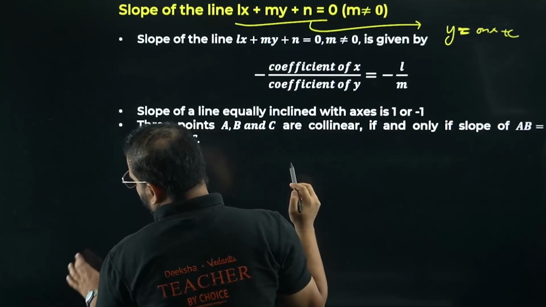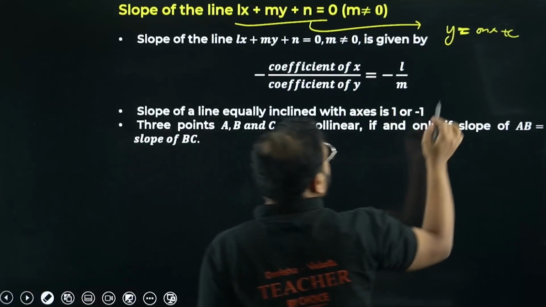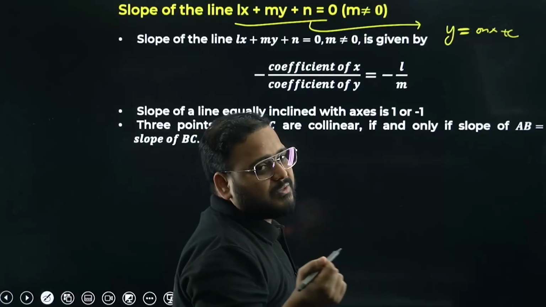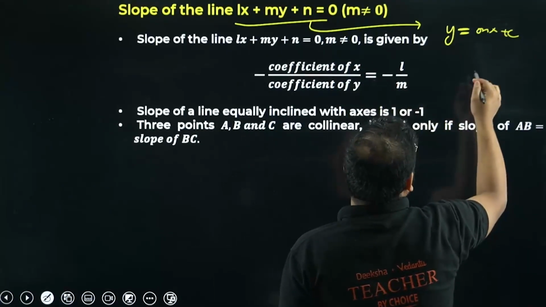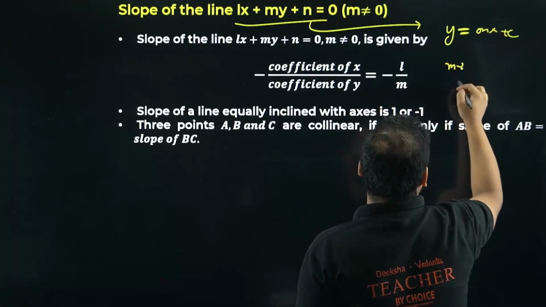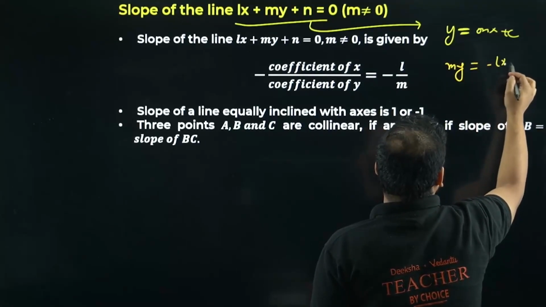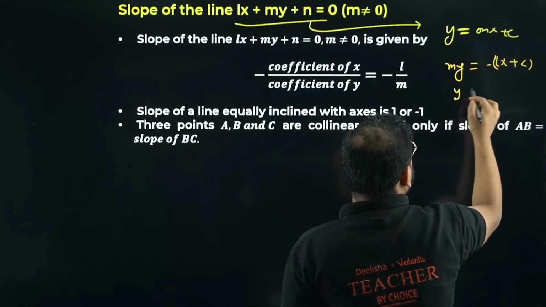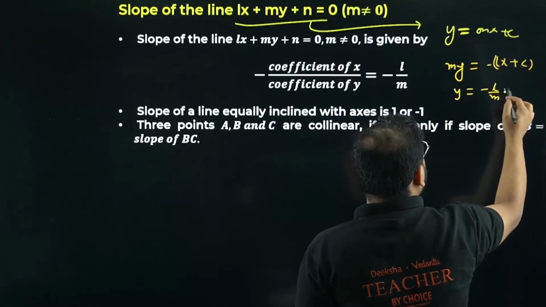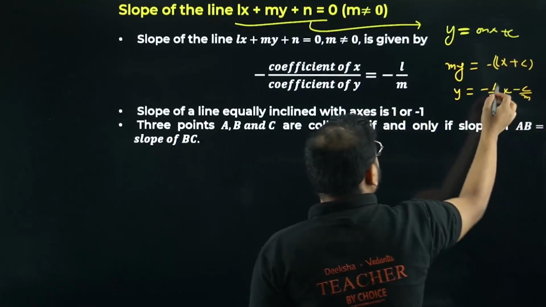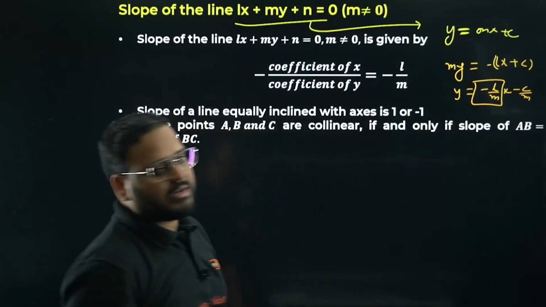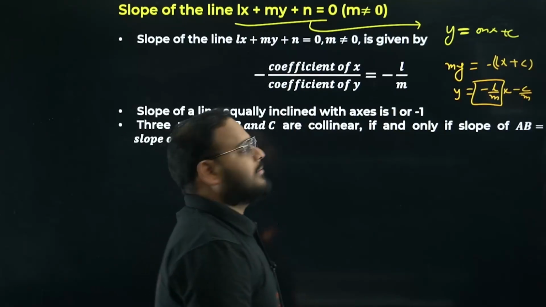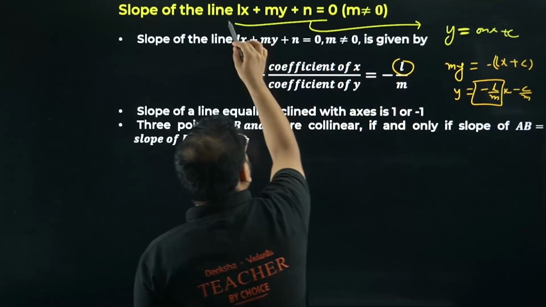If you write this over here, you get my equals minus lx minus n. Taking m to the other side, y equals minus l by m x minus n by m. What is the slope then? Minus l by m. Basically, the negative of the coefficient of x upon the coefficient of y, where l is the coefficient of x and m is the coefficient of y.